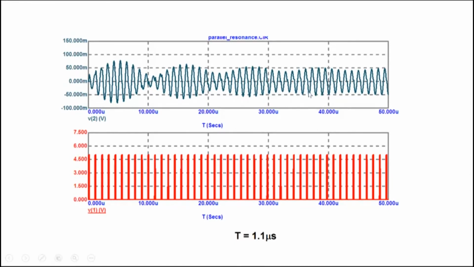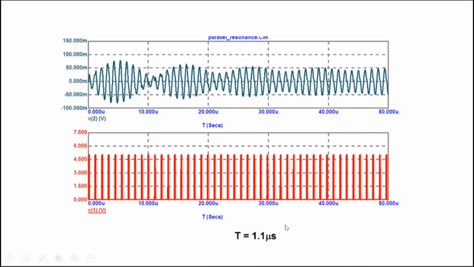And the system does remain in an oscillatory state, but the amplitude is small, because we have applied a signal with a frequency which does not match the natural frequency of the system. Note the amplitude is only 50 millivolt here.